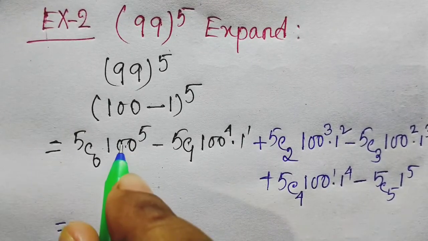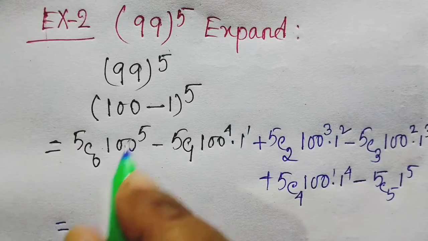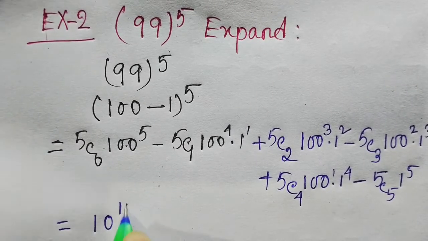100 to the power 5 can be written as 10 square to the power 5, so 10 to the power 10.